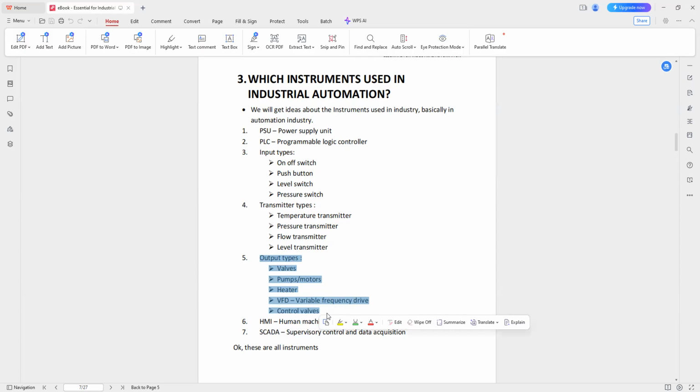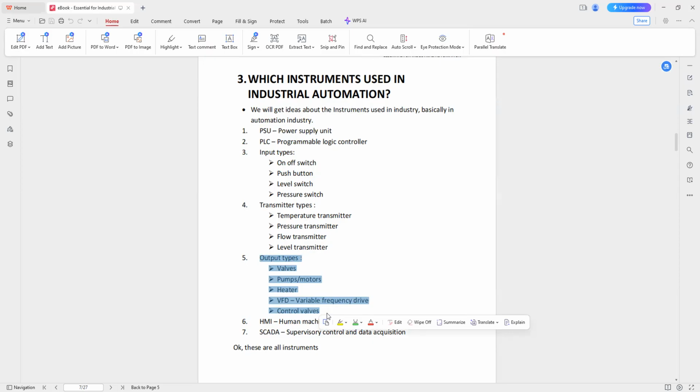So up to now we understood how the PLC will get the signal, because it's an input. Now, after programming, or after getting the input signals, the PLC needs to operate some kind of valves automatically, some kind of pumps automatically, right? Some kind of control valves.